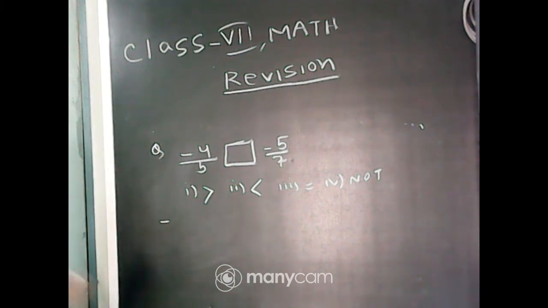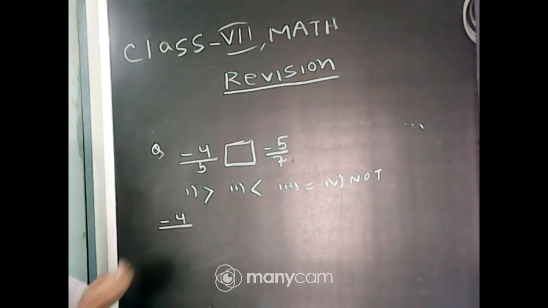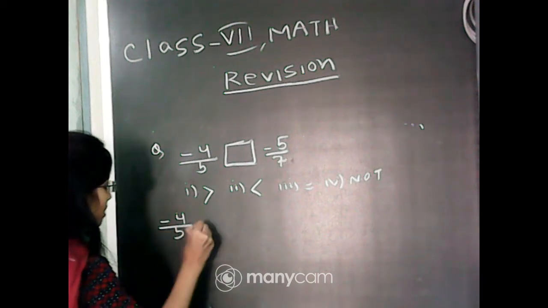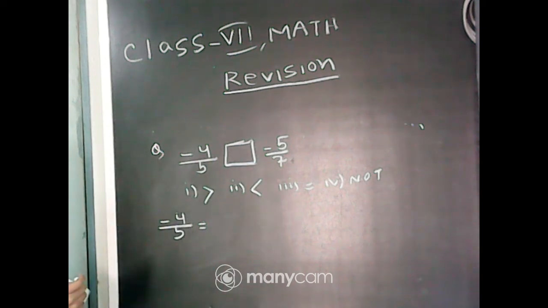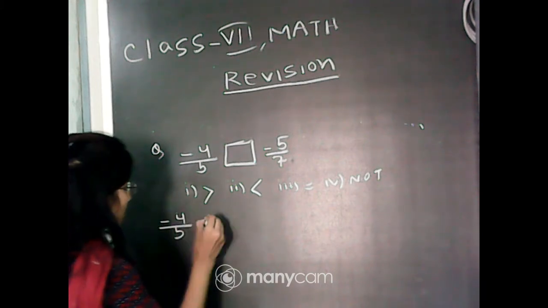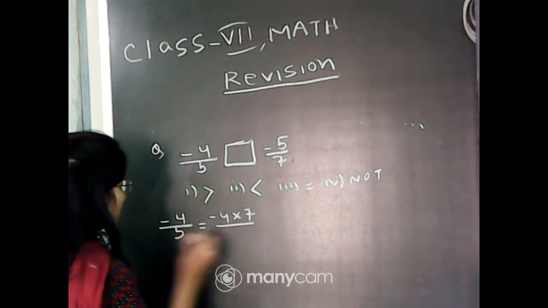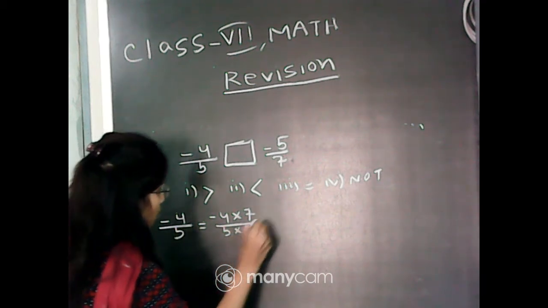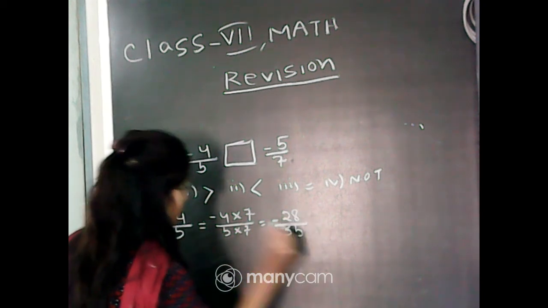First we convert them into the equivalent rational number with a common denominator, and the common denominator is given by the LCM of 5 and 7. Now LCM of 5 and 7 is 35. So to make the denominator 35, we multiply both the numerator and the denominator by 7, and we get this is equal to minus 28 divided by 35.